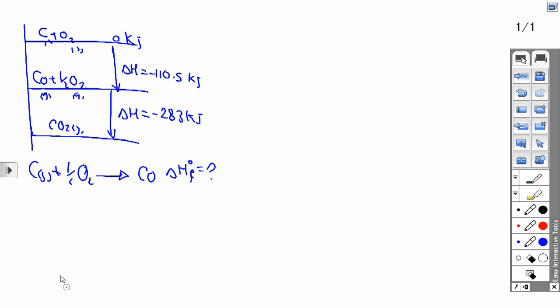Do we have CO2 in the main equation? No, we don't. So you have to choose at least two equations that contain CO2 to cancel it together, right? One of the equations should contain C and the other equation should contain O2. So we have to get two equations, and both should contain CO2 to cancel it together.